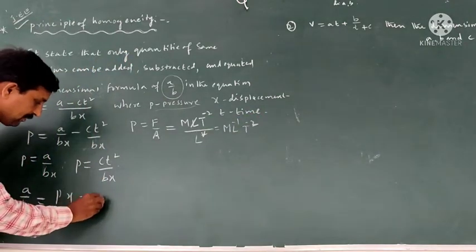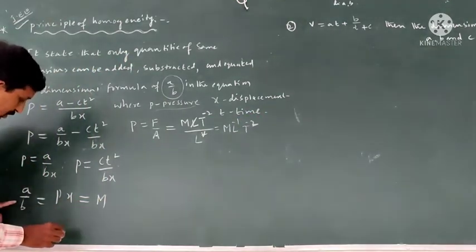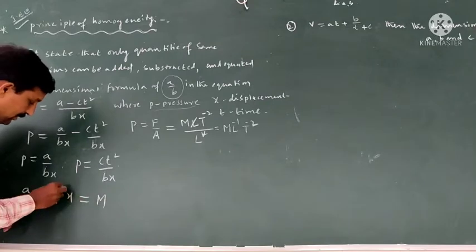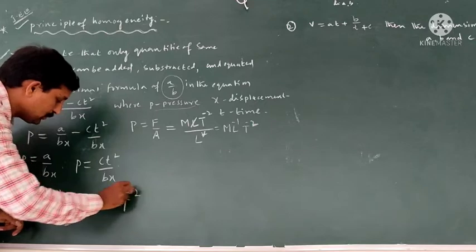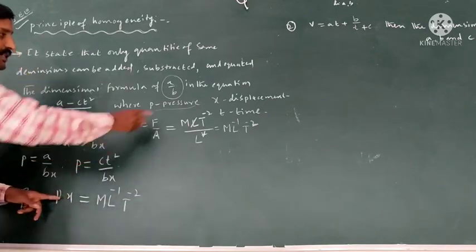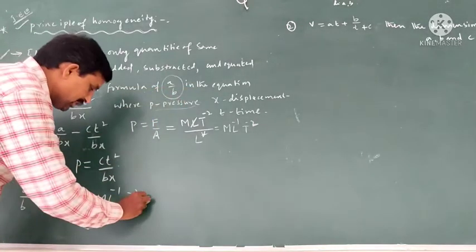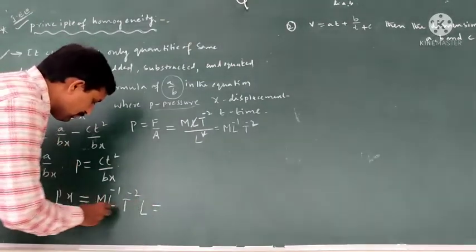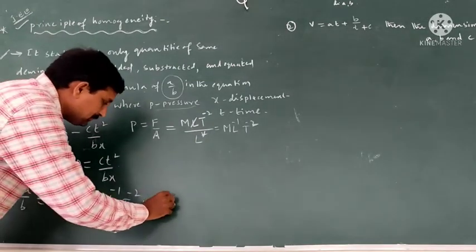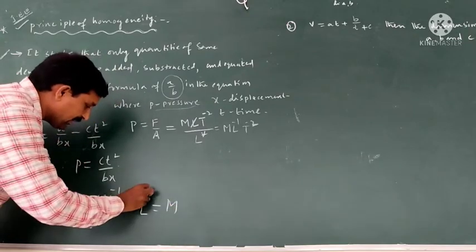So in the dimension formula, instead of P, M L power minus 1 T power minus 2, then X. X is called displacement, dimension L. So that is equal to M L power minus 1 into L power 1.